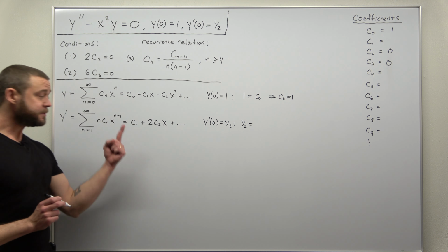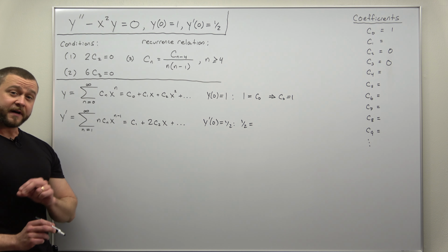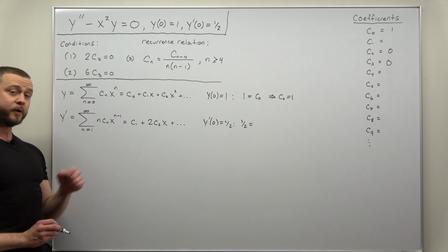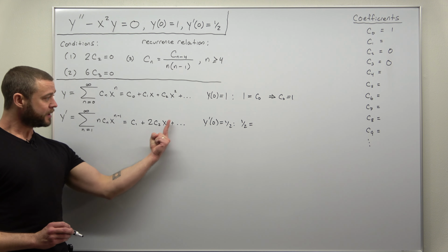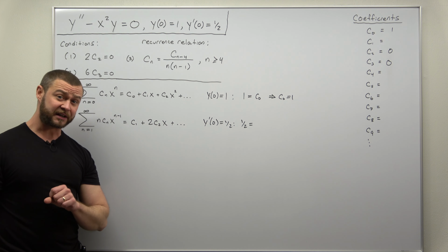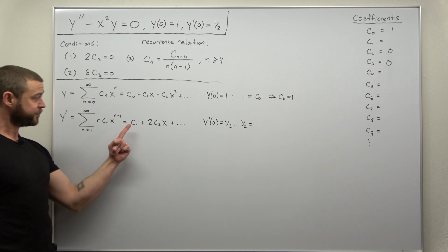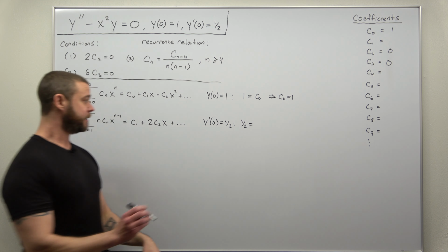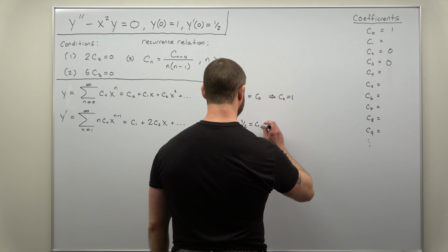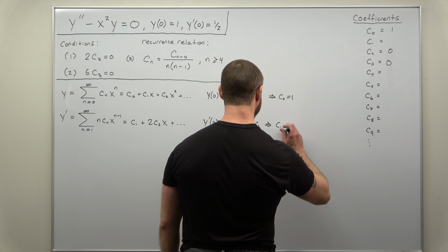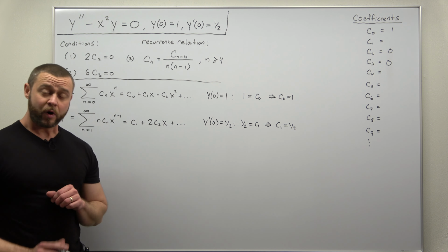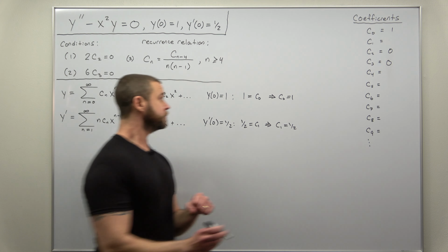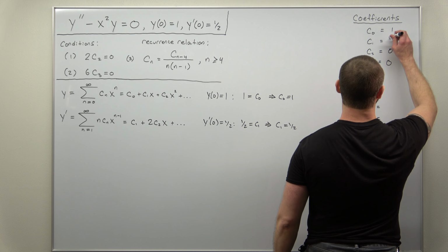And it's pretty much the same thing as how we found the value for c sub 0. We're now going to plug in x as 0 to this. Your x term and all higher powers of x evaluate to 0, leaving you with c sub 1. And that immediately tells us the value for c sub 1, which is a half. So we'll put that in our list.